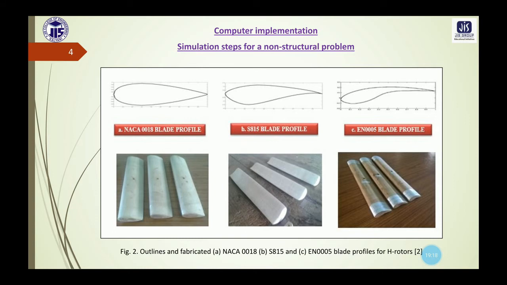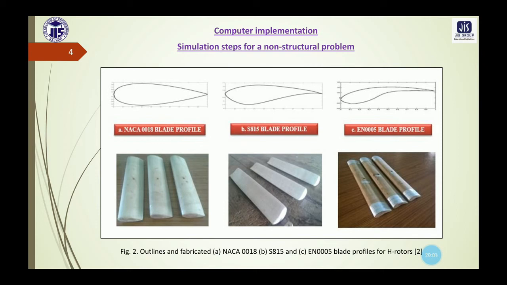They actually convert the kinetic energy of air into mechanical energy, and finally this mechanical energy is used to generate electricity. So this is the working principle of the wind turbine. Now to improve the performance or the power coefficient of this wind turbine, there is an important parameter, that is the blade shape or blade camber, and by modifying which we can improve the power coefficient of the wind turbine.